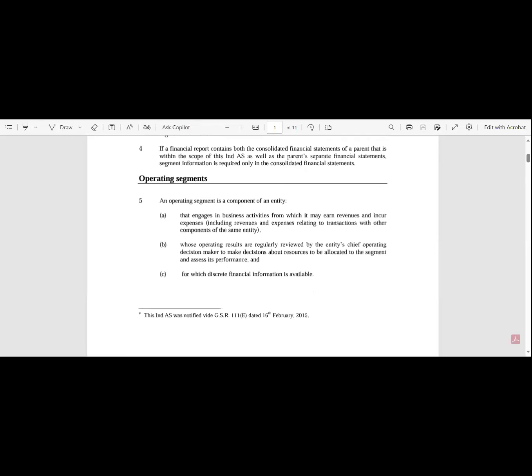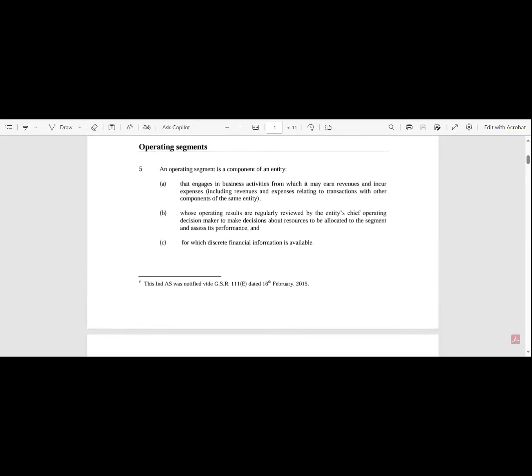Another definition is also given: an operating segment whose operating results are regularly reviewed by the entity's chief operating decision maker to make decisions about resources to be allocated to the segment and assess its performance. Also, it is a component of an entity for which discrete financial information is available.